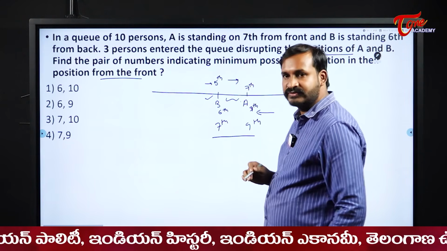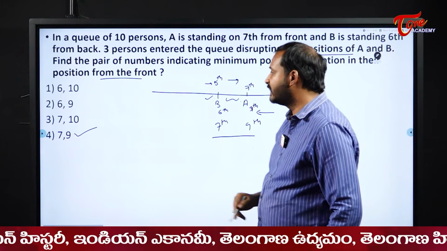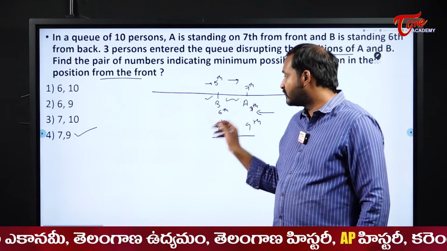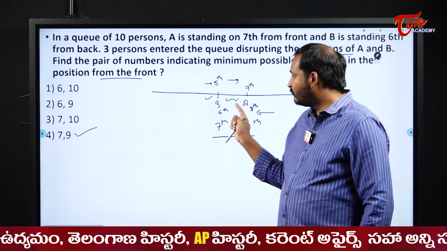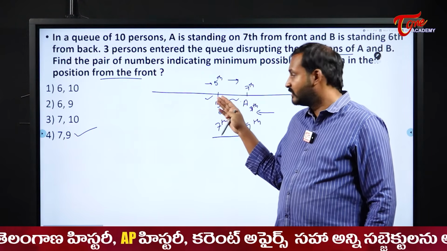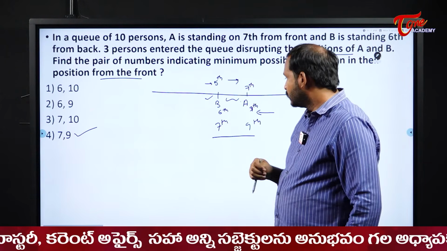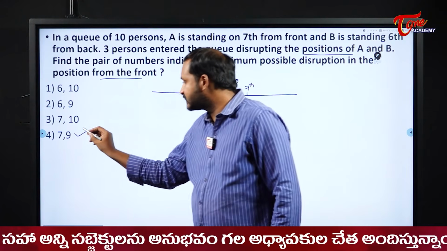Why? Because 2 positions will be jumped. So the minimum disruption will be what? 7 and 9. Okay, why not 7 and 10, sir? See, only 3 new persons are joined, right? If one joins ahead of B, it will become 7. So after B, I will have only 2 persons, right? So 7th and 10th, 2 persons are seated, right?